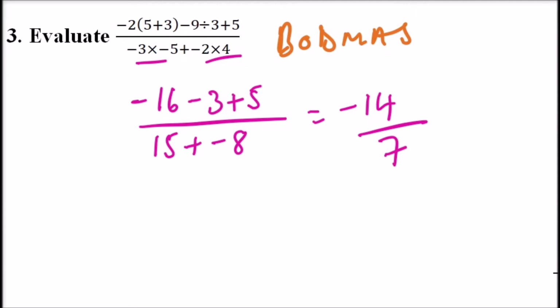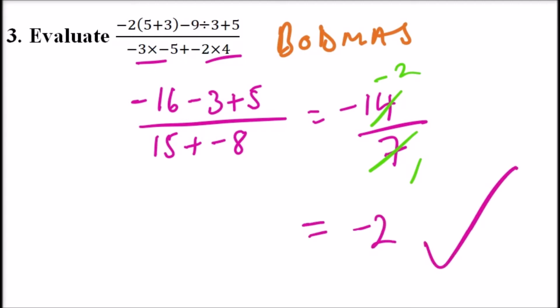You can simplify there: by 7 it is 1, by 7 it is minus 2, and therefore our answer is minus 2. So that's how you work out that by applying BODMAS. Note that if you don't follow the BODMAS procedure, you mix up the operations and you get the wrong answer. This is question number 4, and we are told without using a calculator, evaluate.